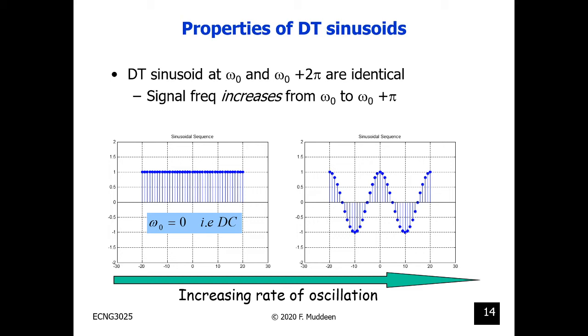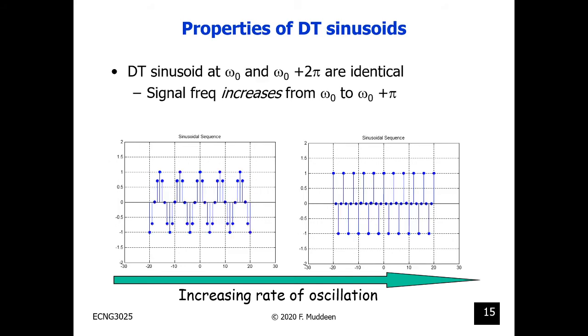But as we decide to move from omega naught and go to omega naught plus pi, the signal frequency increases accordingly. And because of the increase in rate of oscillation, we don't need so many samples to represent our signal.